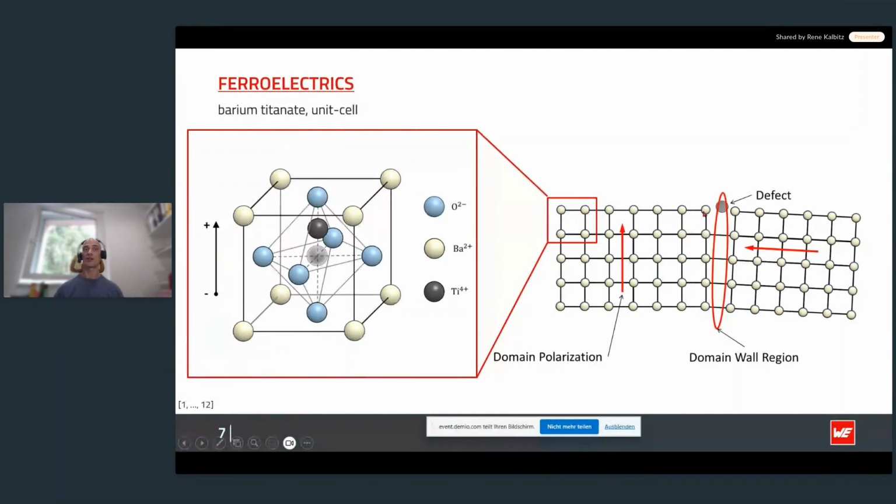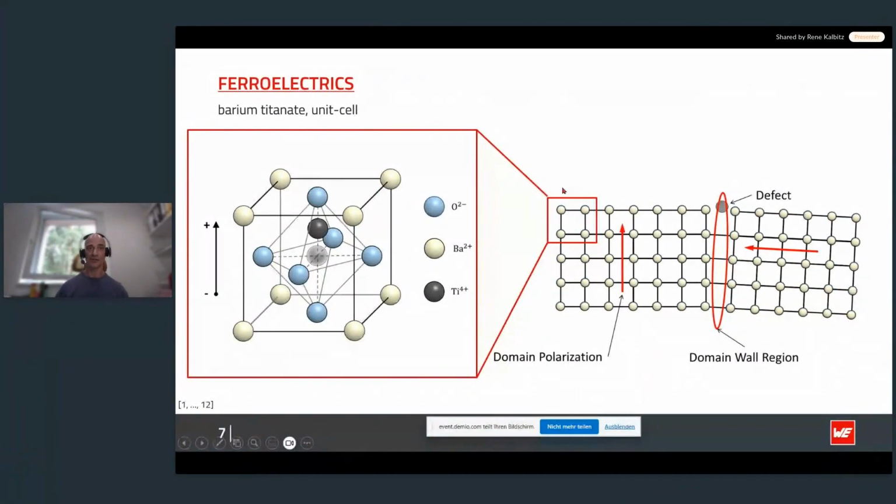All materials, however, have minor imperfections that cause the collective orientations of dipoles to be limited to areas called domains. So each domain may have its own polarization direction.